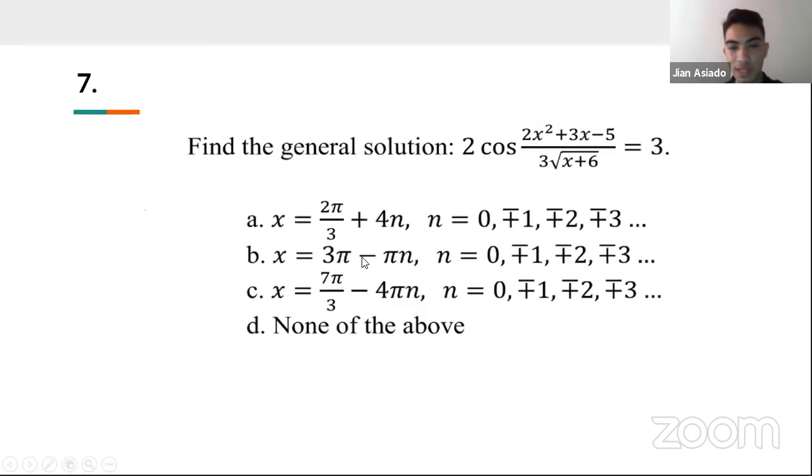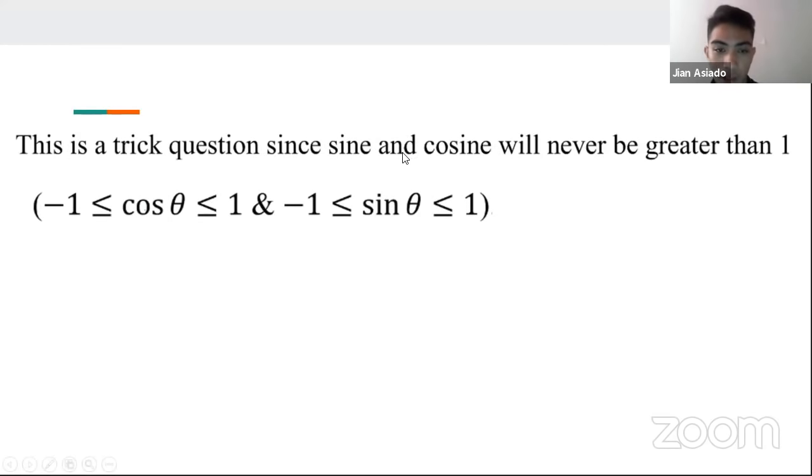Number 7, find the general solution. This one is supposedly a trick question. The values of sine and cosine will never be greater than 1.